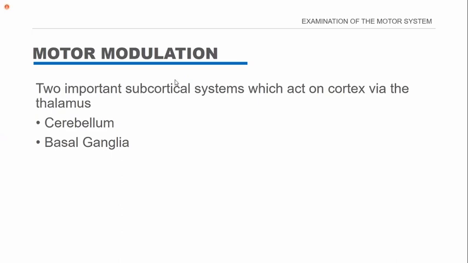Besides this control, there are two important centers which act on all the movements and cause them to become smooth and target oriented. For example, a person may overshoot or undershoot if the cerebellum is not working. You all know that ataxia or imbalance occurs if the cerebellum is not functioning.